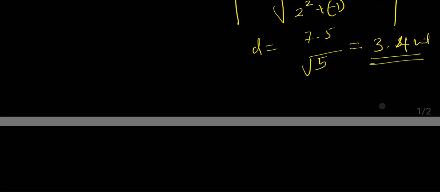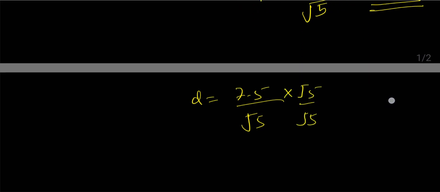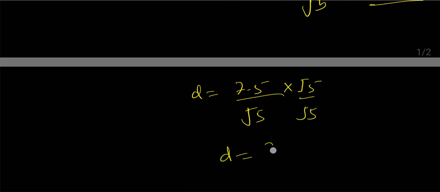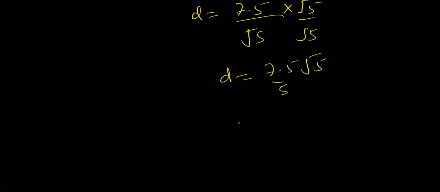Or if you don't want that approach, you can take d, which is 7.5 over the square root of 5, and multiply by the square root of 5 over the square root of 5. So you will have d equals 7.5 over 5, times the square root of 5. Then you have 1.5 times the square root of 5.